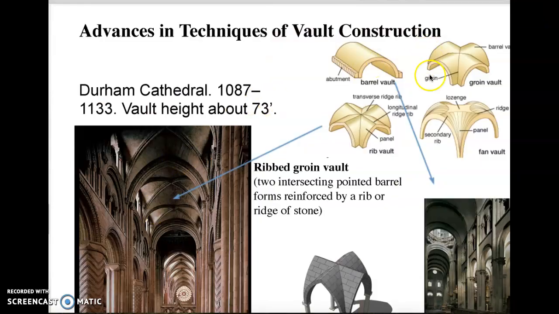So it's a groin vault, you already know that. It's when you have a curved ceiling intersecting at 90 degrees. But now these are pointed arches intersecting at 90 degrees to form a groin. And then they have added an extra rib or ridge of stone, which is functioning as a little extra support, a kind of miniature buttressing, although it's also very beautifully decorative.